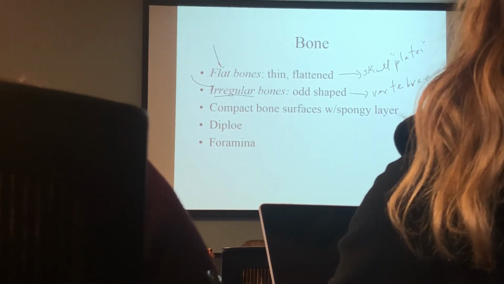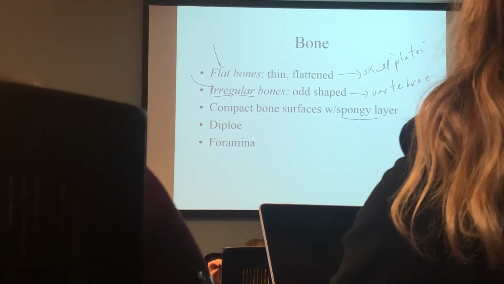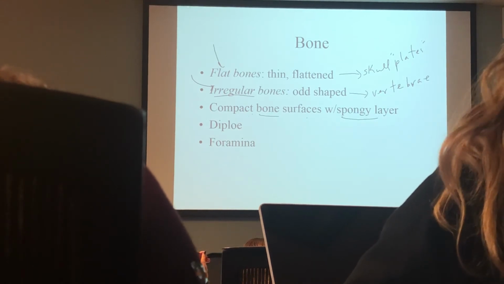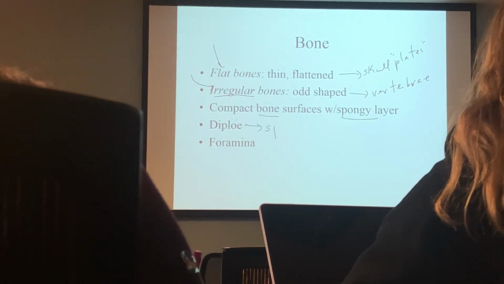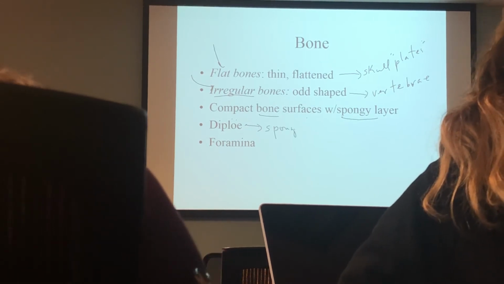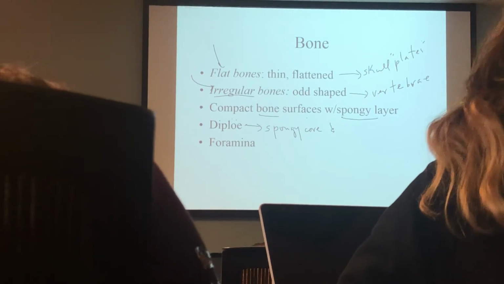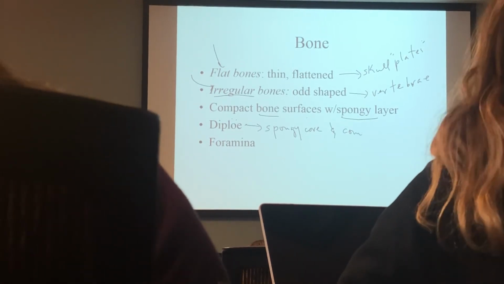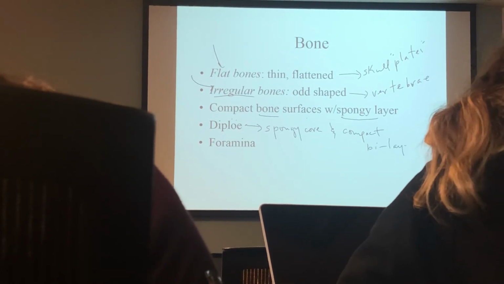Compact bone is what's on the outside. At the core you have a spongy layer, so you have compact bone versus spongy bone. Diploid is a fancy term that describes a spongy core and compact bilayer. What does that mean, folks?